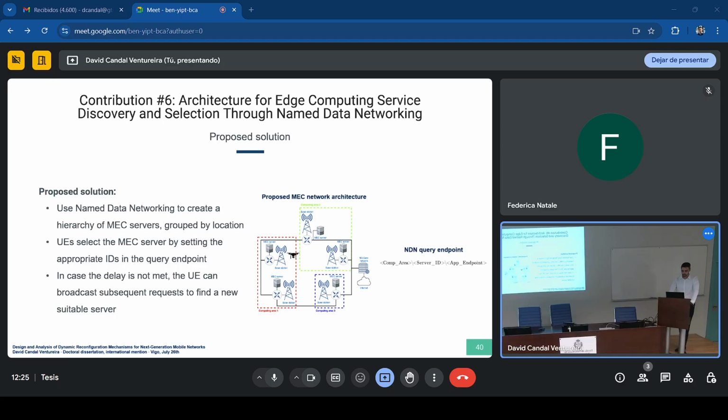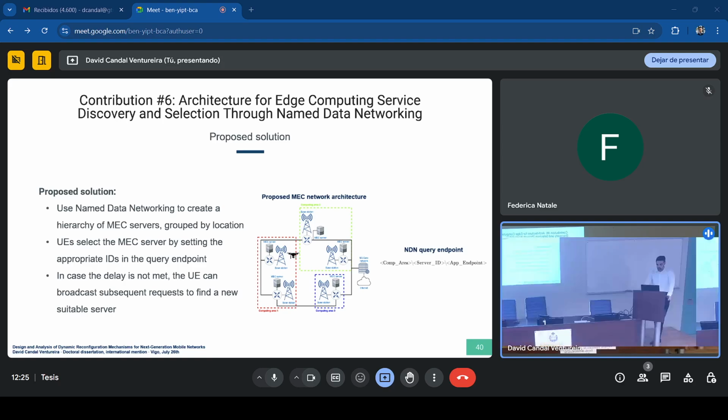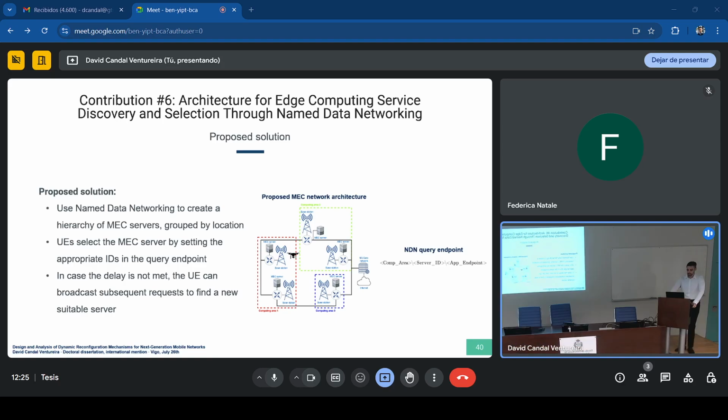To do this, the Edge platform must implement a network architecture supporting NDN, named data networking, so that services deployed at the edge are published using names instead of IP addresses.